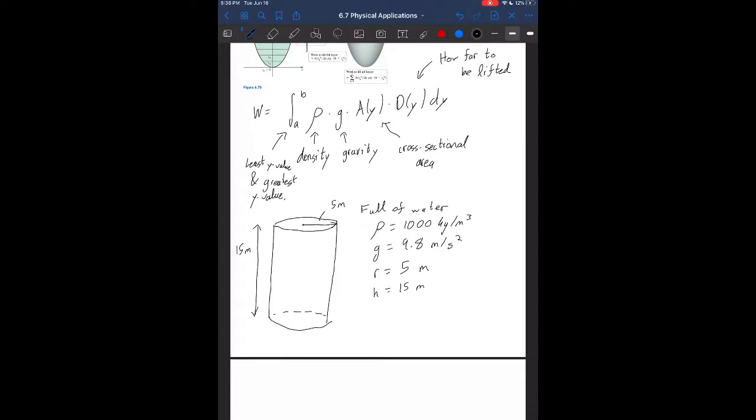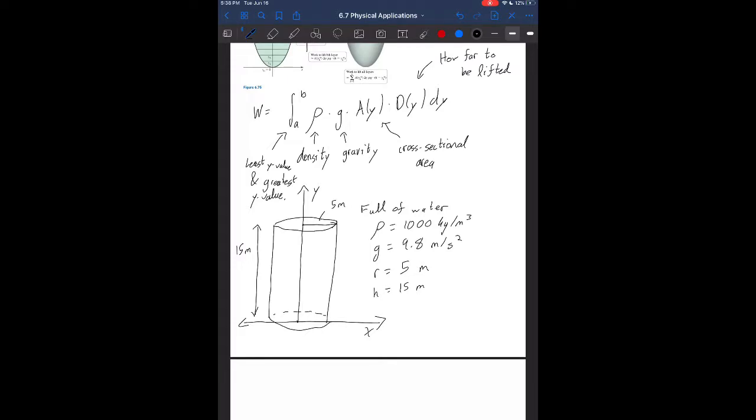Okay, as I said before, first thing we should do is pick a coordinate system. And I'm just going to pick it at the bottom. So this is my x direction, this is my y direction. And we really only care about the y direction because that's the only thing we're integrating with respect to.